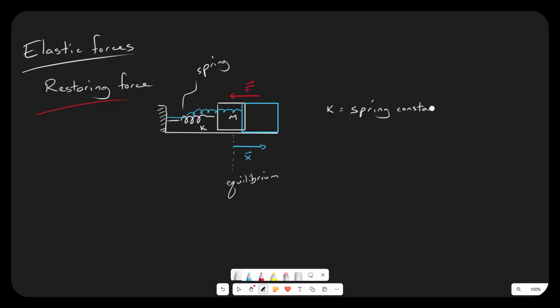A spring constant has units of newtons per meter, or force per distance, I suppose. And the idea here is that this is a measure of how springy a spring is. The spring in the back of a clicky top pen is going to have a relatively small spring constant.